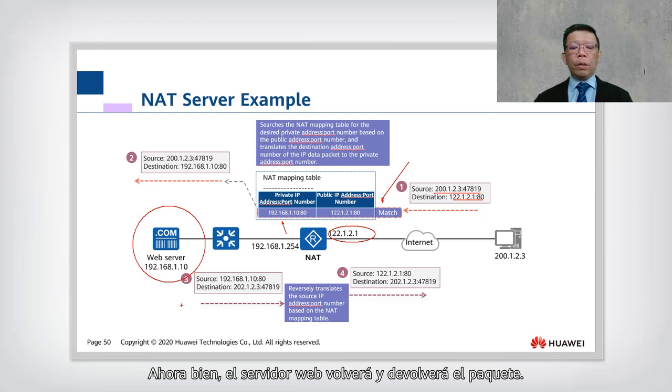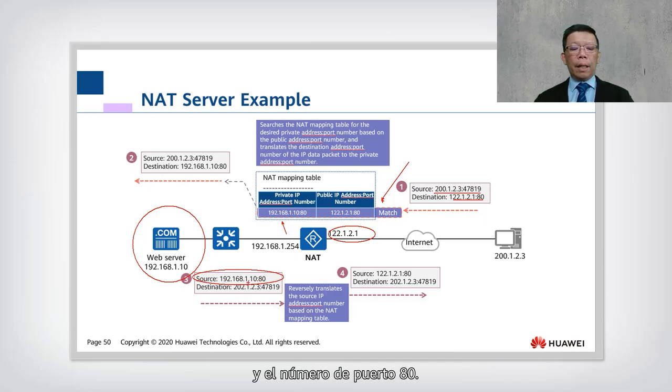Now the web server is going to reply with the packet. When it replies, it's still using its own internal source IP with port number 80, but the destination is 200.1.2.3, with port number 47819, which corresponds to the port requested from the source.